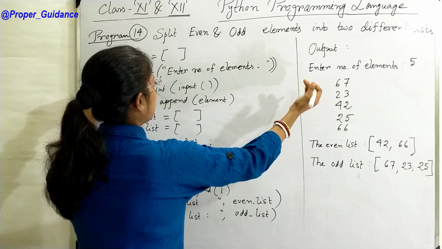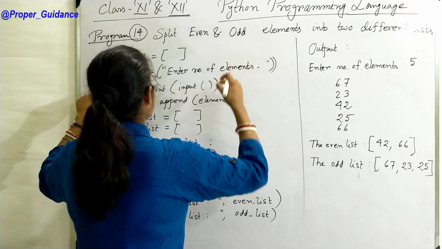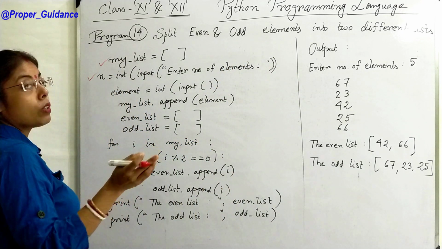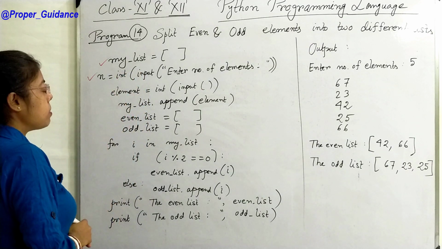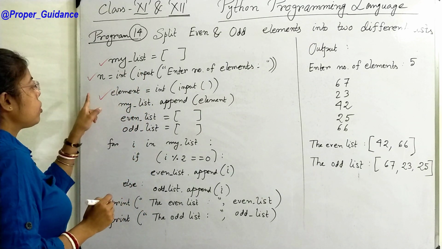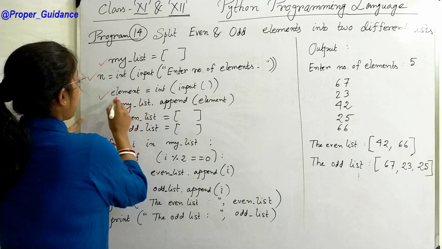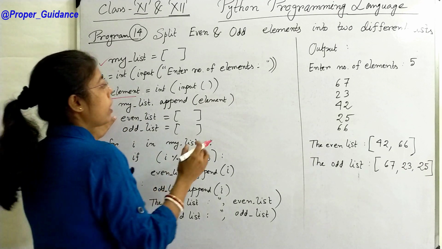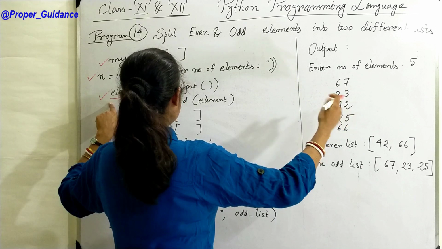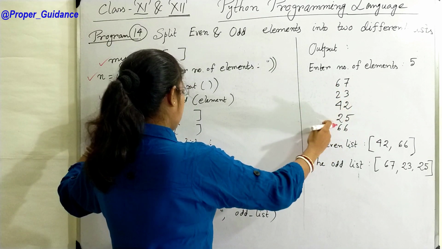So my list is the list variable, and then n is another variable which is used to take the input from the user end. Input of what? Input the elements of that particular list. And here is another variable named element. It helps us to take the user input for these values.